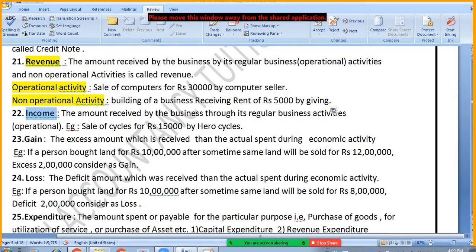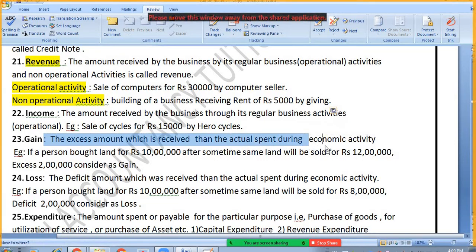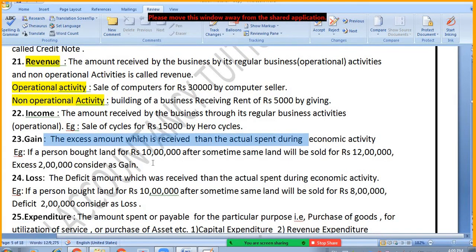Next one, come to the point of gain. The excess amount received over the actual amount spent during the economic activity is called gain. See the example, you can understand easily.